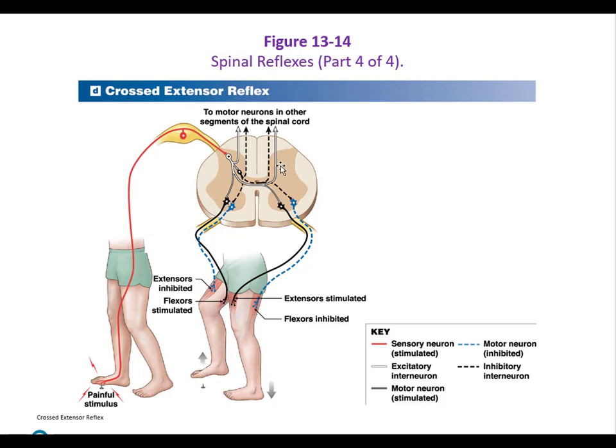But this leg over here has to be prepared to take the body weight. So at this synapse, we're going to send it across to the other side of the body. And we're going to say, hey, contract these extensors, relax these flexors. So all of our weight now goes on this foot and allows us to pull this foot up. So this is a pretty complex crossed extensor reflex.